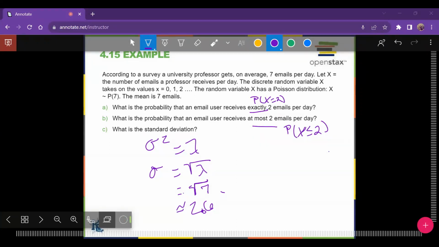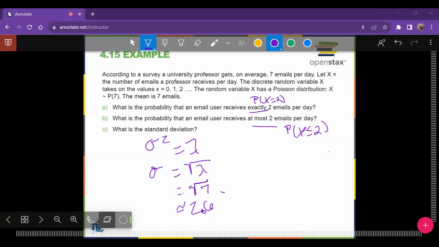So for the first one, we're doing exactly 2. So we're doing Poisson distribution, where we have 2. And we are using false here because it said exactly 2, so it's not cumulative.